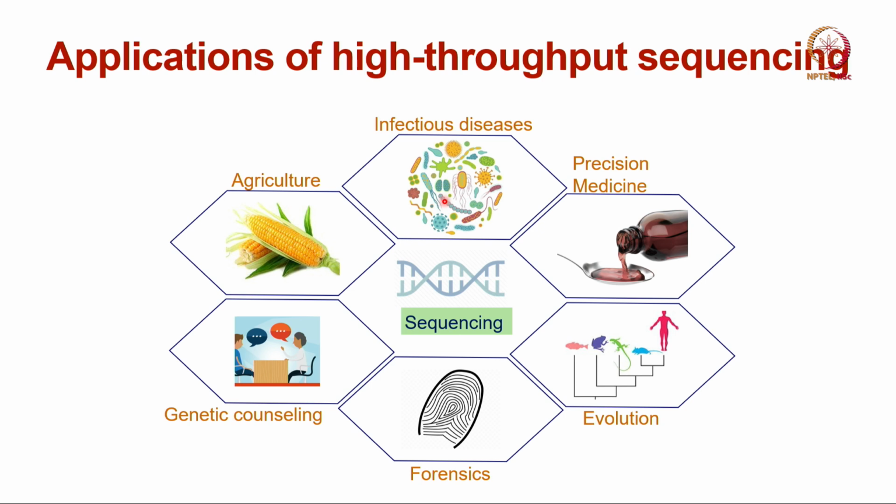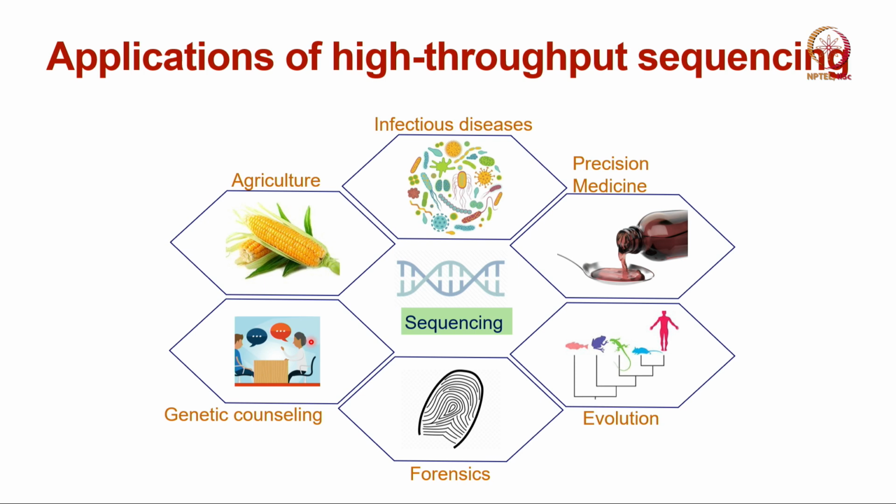For example, in agriculture, I may want to sequence crop plants and understand the properties that will protect crops against heat, or I may want to do environmental sequencing for surveillance of infectious diseases, precision medicine, evolution of species, forensics and even genetic counseling or newborn screening.